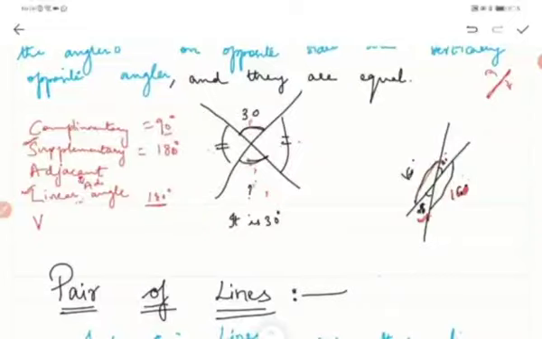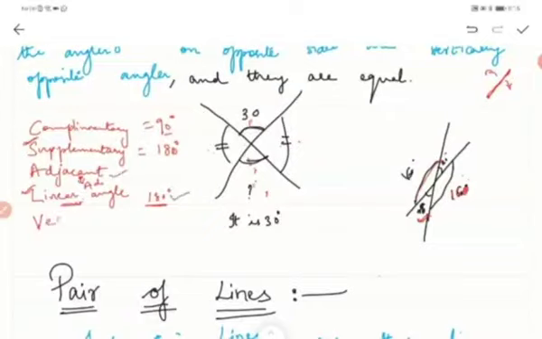Supplementary angles are simply any angles whose sum is 180 degrees. For the angles to be a linear pair, first they should be adjacent, and then the sum should be 180 degrees.